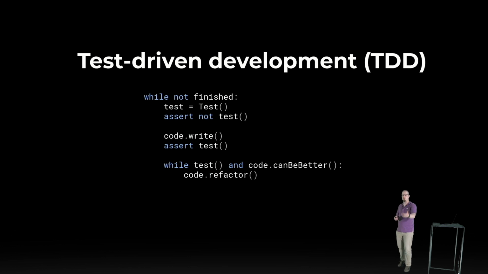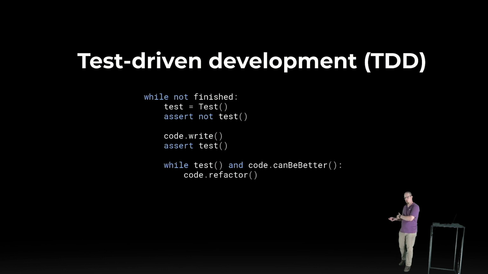You then modify your code to make the test pass. So the goal is to make the test pass, and then you can make several iterations where you refactor the code while keeping all tests passing. That's one way of developing.